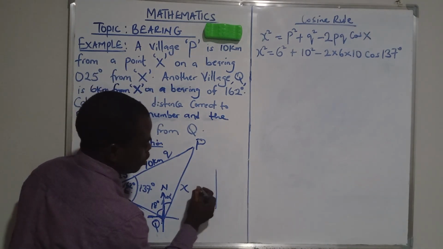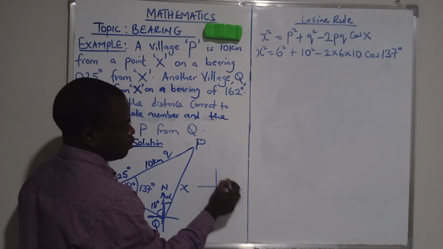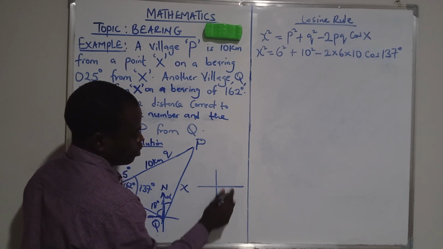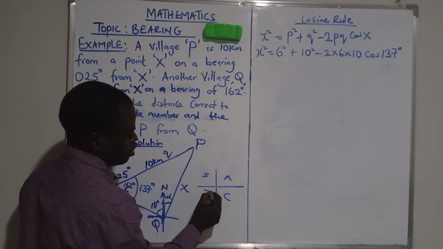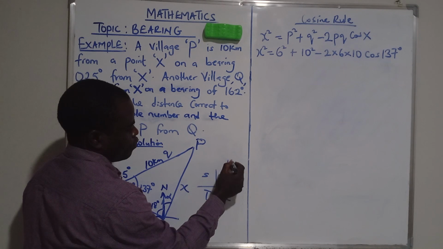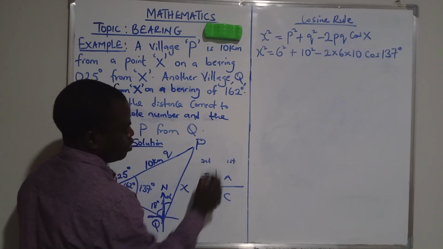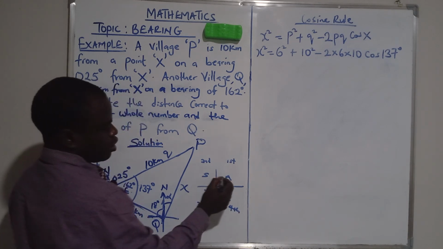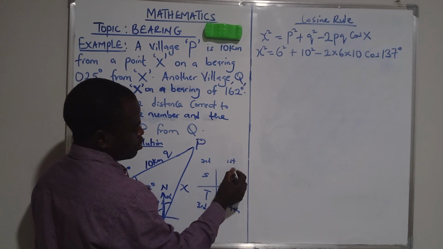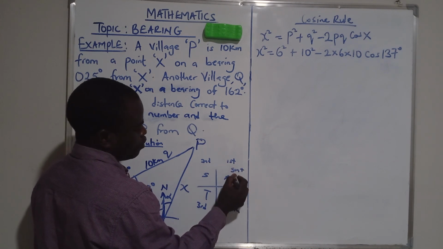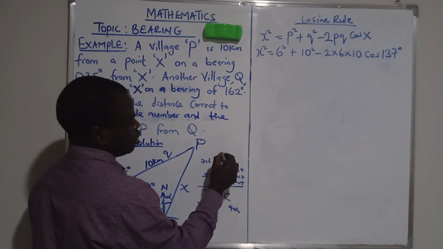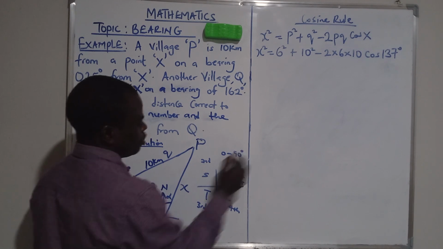Now let's see, we are in which quadrant. We have the CAST quadrants: first, second, third and fourth. In the first quadrant, sine is positive, cos is positive and tan is positive, and it ranges from 0 to 90 degrees.